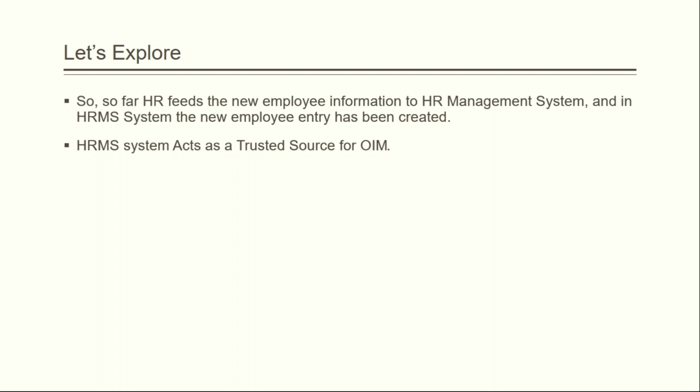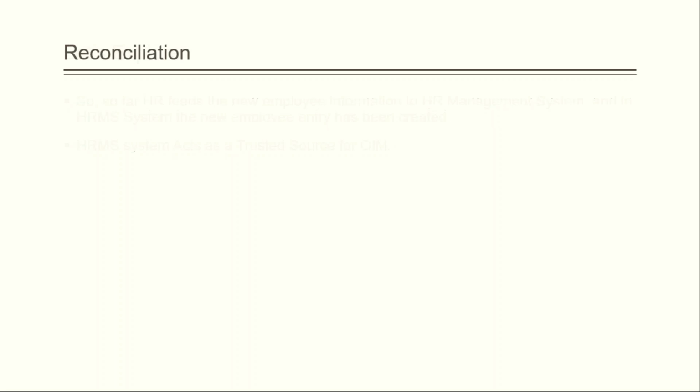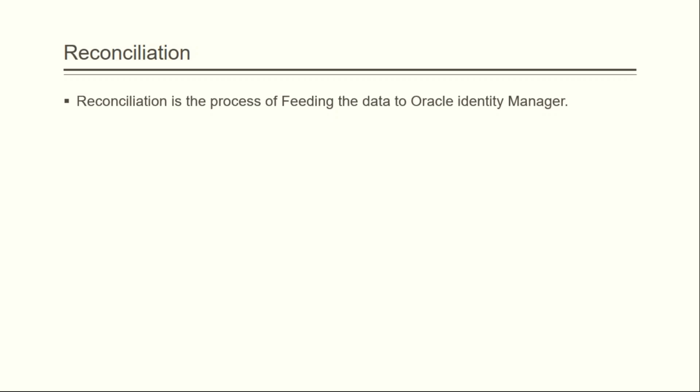Here comes the first concept in Oracle Identity Manager, that is reconciliation. Reconciliation is basically the process of feeding data to OIM, which means OIM will accept the data from reconciliation.